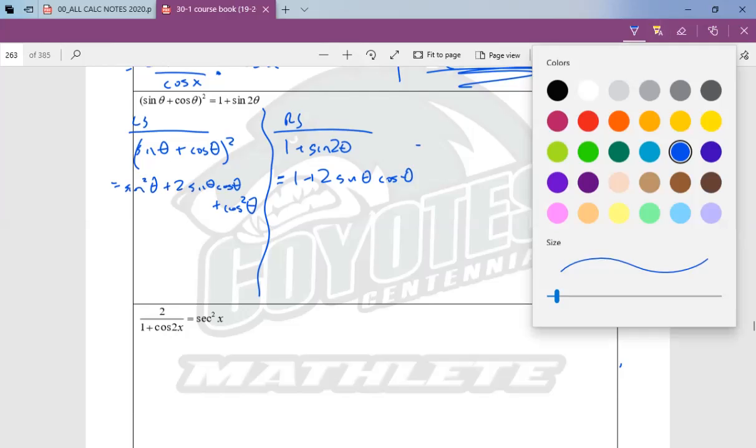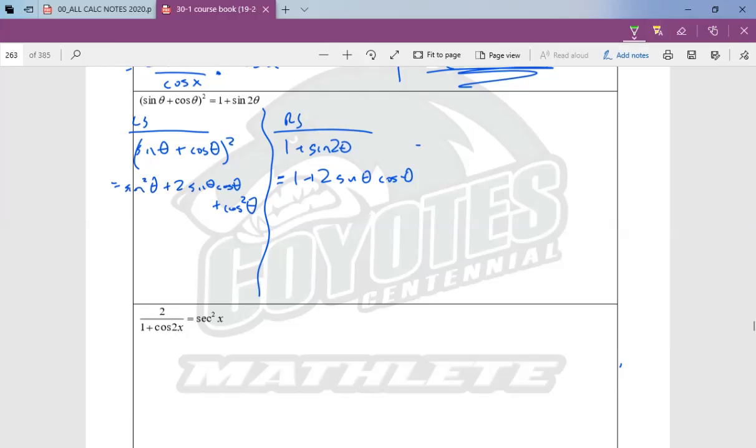Now, if we look to see what's going on the right side, we have 1 plus 2 sine theta cos theta, and we have that 2 sine theta cos theta right here. So it's going to give us something to aim at. That should maybe remind us then, well, those two together have to be 1.